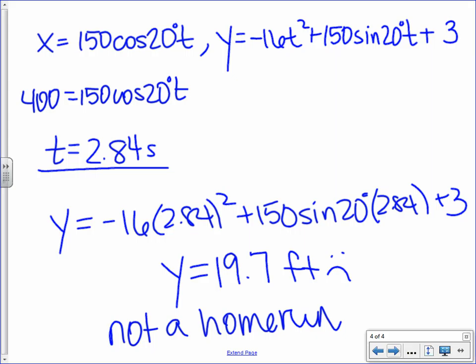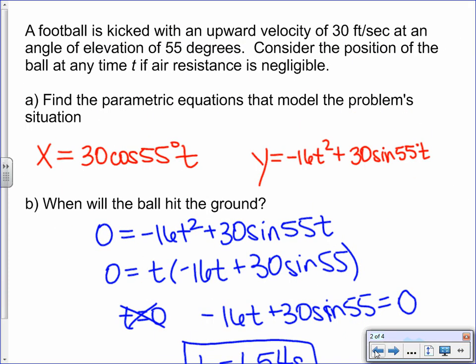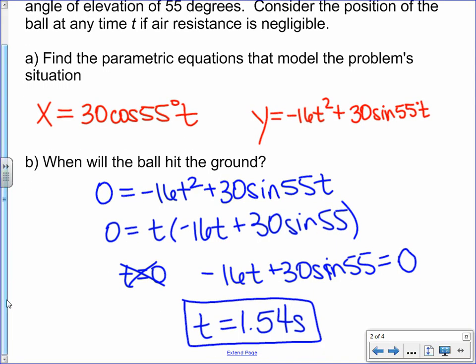Okay, before I send you on your way to work on this worksheet, I do want to ask one thing. If we had an initial height right here, we wouldn't be able to factor out a t. How would you be able to solve for t if we had an initial height there? We can only factor if we're set equal to 0.